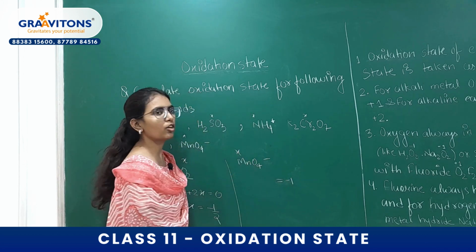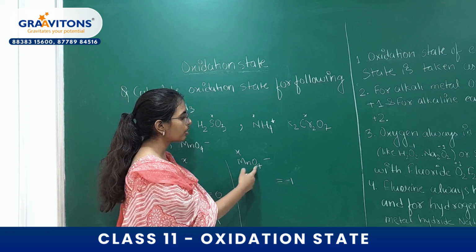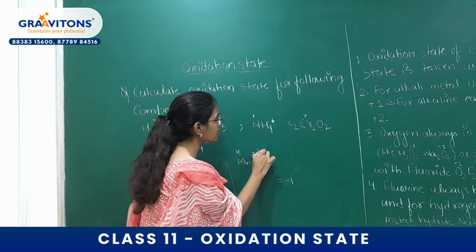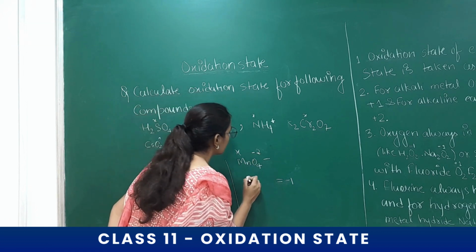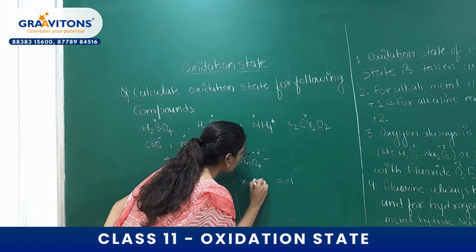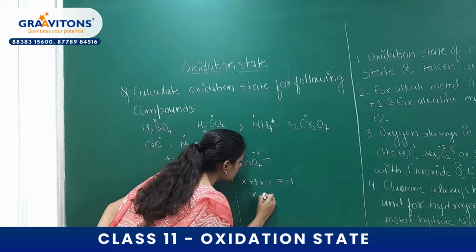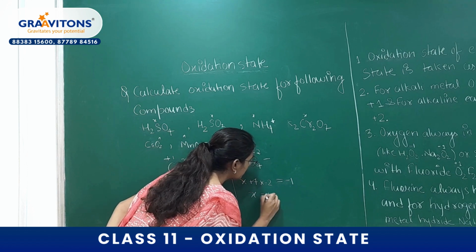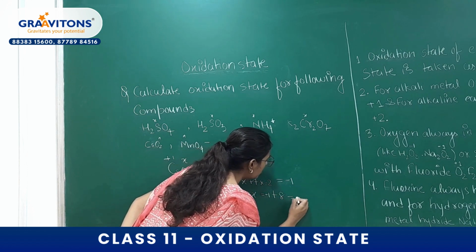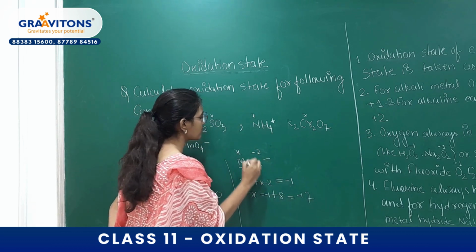Let the oxidation state of manganese be X. Oxygen here will always be minus 2. So X plus 4 into minus 2 is equal to minus 1. So X is equal to minus 1 plus 8, that is equal to plus 7. So here manganese is in plus 7 oxidation state.